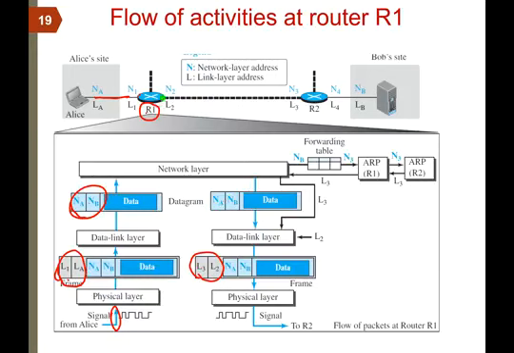Now when you move the data between these two nodes, you need the addresses L2 and L3. You don't need LI, L1. So instead of L1, you'll use L2 and L3. L2 is the source, L3 is the destination.